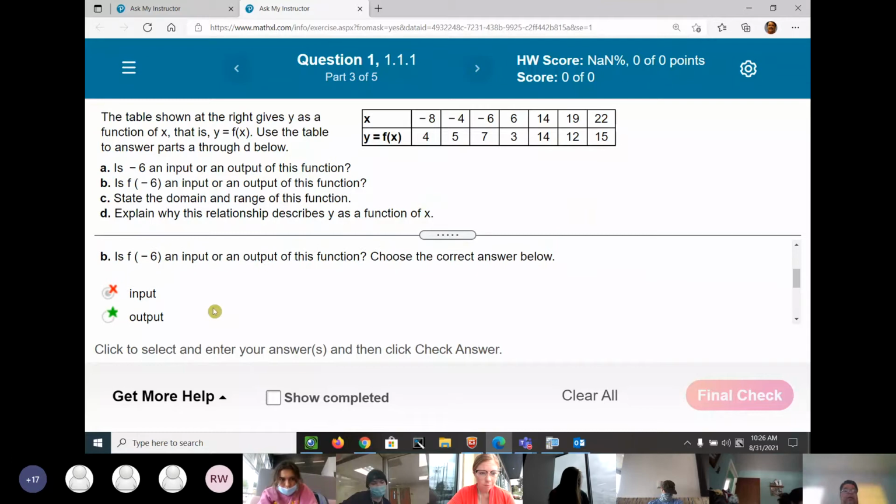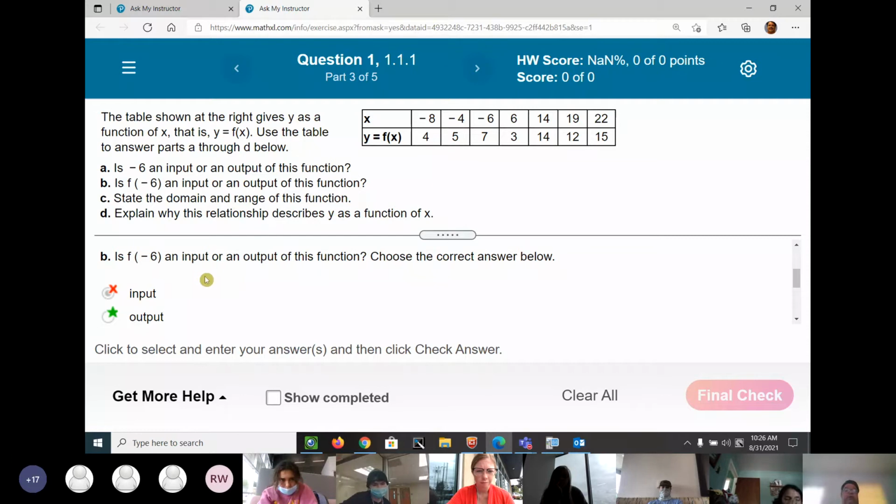If f of -6, if you plug in -6 as input, is f of -6?